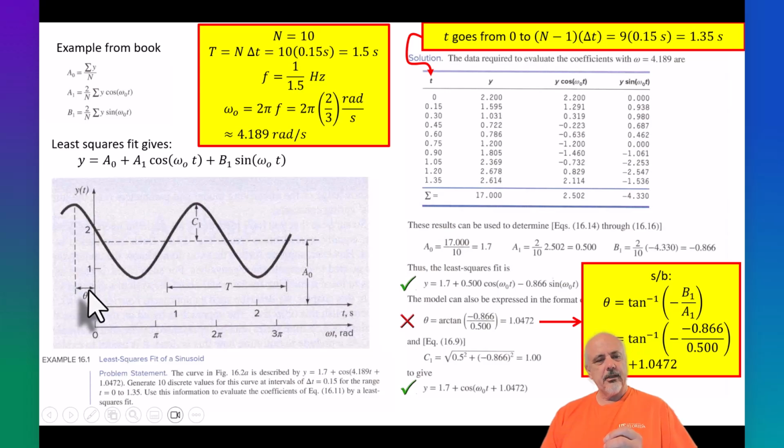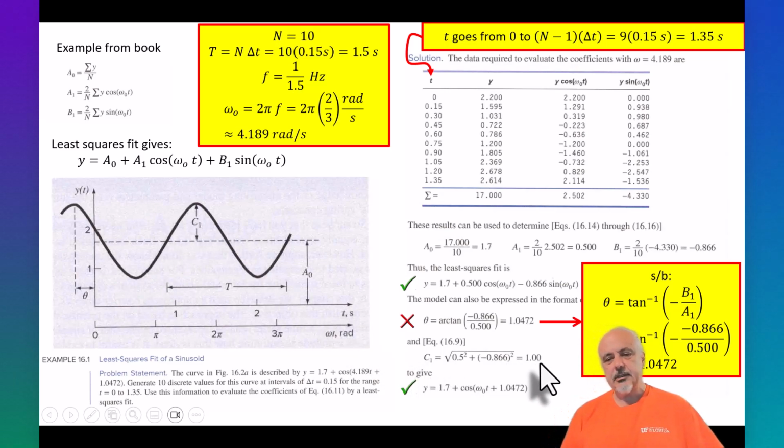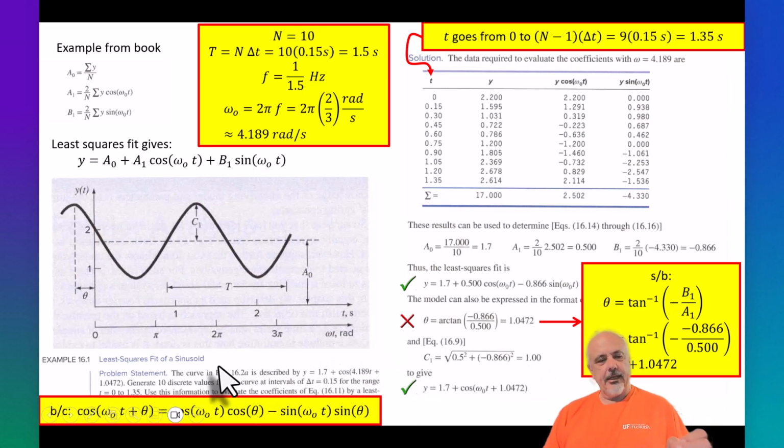So this, I think, is going to be like a pi over 3 kind of advance to the cosine function. You see that it's before, and you see the C1 kind of here. That's going to be 1 in this case. So remember that the reason why this is a little bit messed up is that there's this minus sign when you're looking at the cosine of the sum of angles.